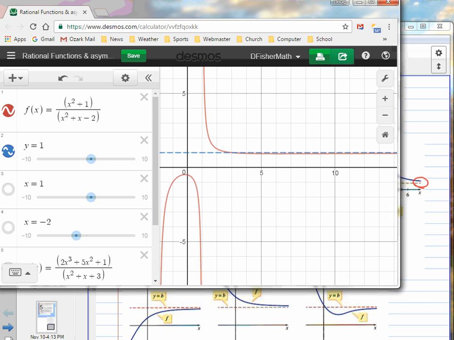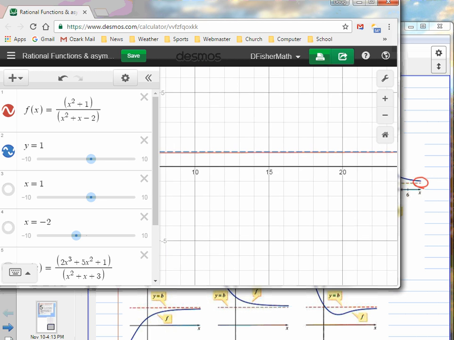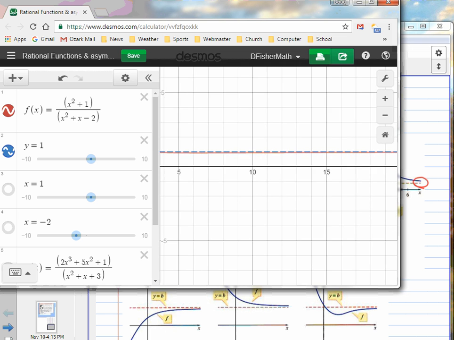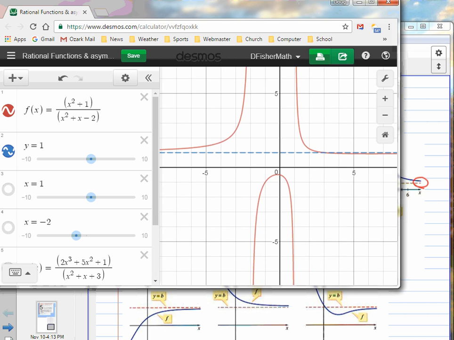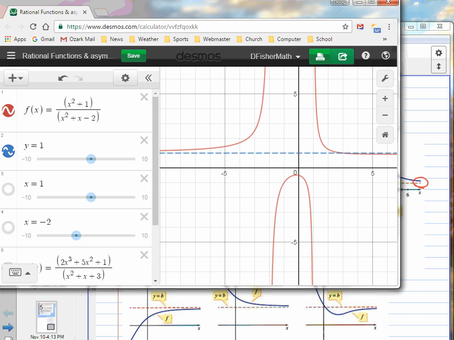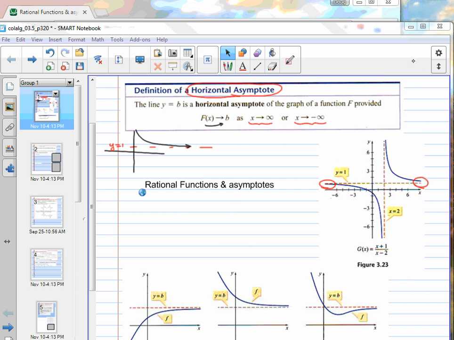And then it starts coming back up, getting closer and closer from the bottom. So we actually can cross and touch horizontal asymptotes. But as we go to infinity or negative infinity, we're going to reapproach it, get closer to it again, and never touch it that time.